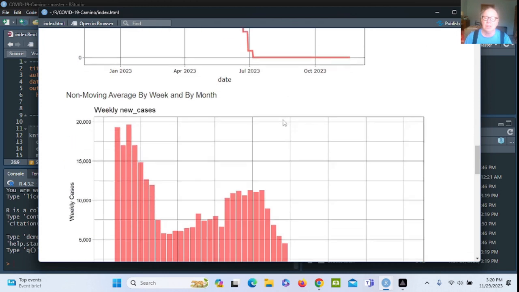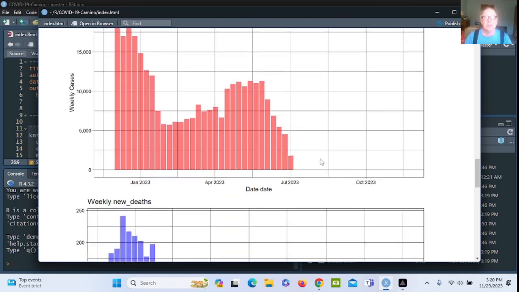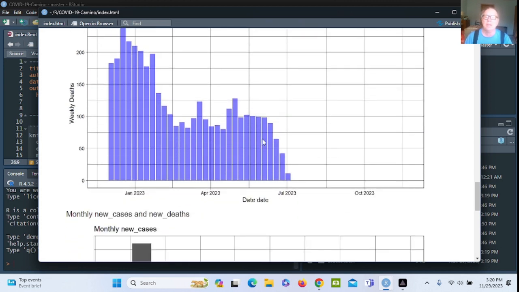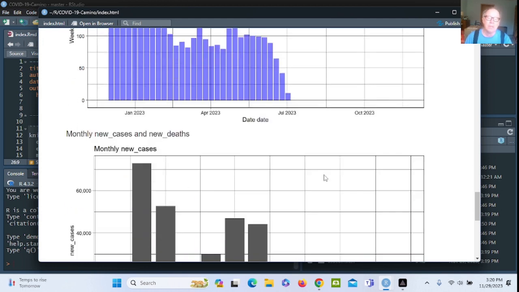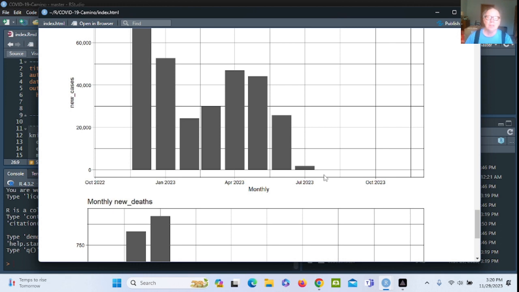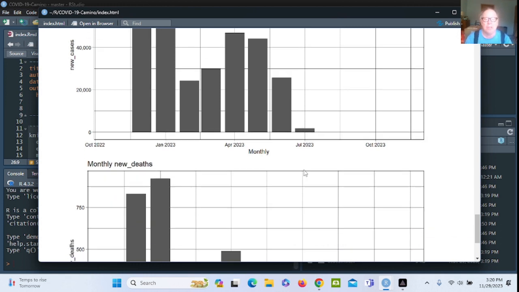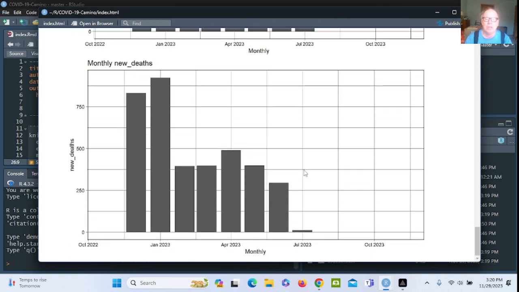You can see there's nothing recorded after July of this year. Hopefully this is a reflection of the actual cases per week. Deaths have fallen, but again, no longer being recorded after June of 2023. Months, again, nothing recorded after June of 2023.